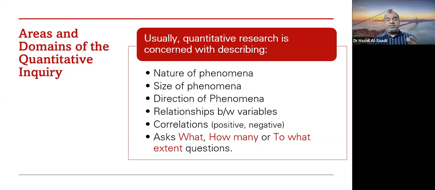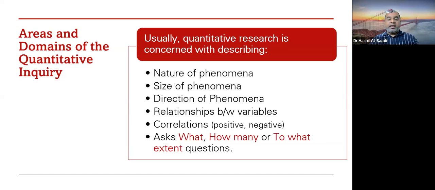So we're looking at the nature of phenomena, the size of the phenomena, and quantitative research can also help us study the direction of phenomena, a relationship between variables, العلاقة ما بين متغيرات الدراسة, variables. And we're also looking at correlations. Are we having positive correlations or negative correlations?